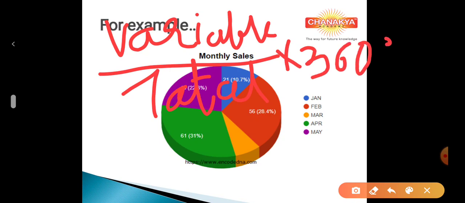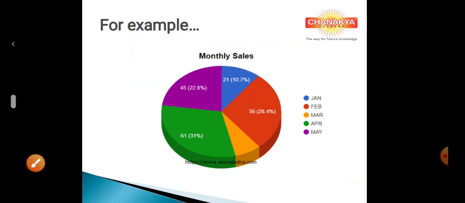This will give you your value of degree. Say for example over here 21, 56, 61, 45 etc., the degrees of the sectors for which the information was given in percentage.